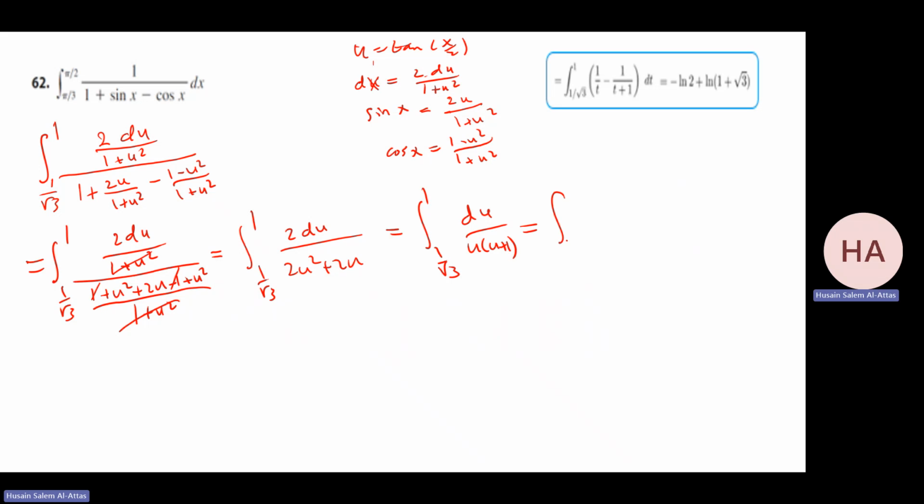So this will be the integral from 1 over square root of 3 to 1. I have A over u plus B over u plus 1. Cover method, cover u, I have A is 1. Cover this, this is B, sorry, and B equals minus 1. du.